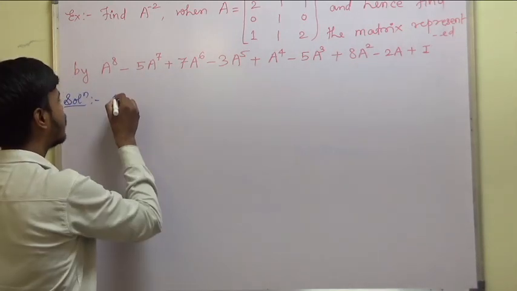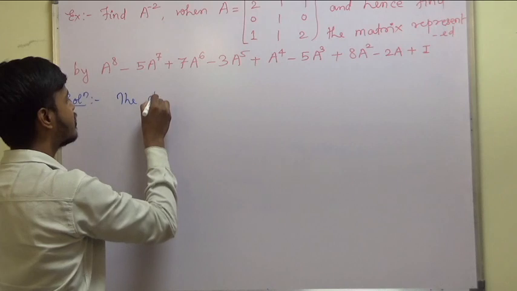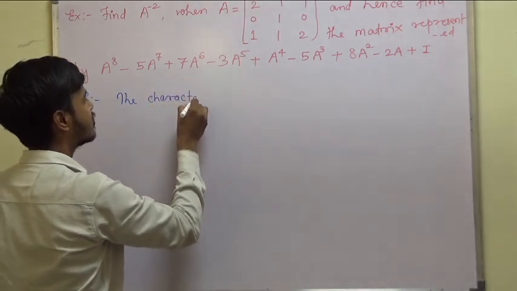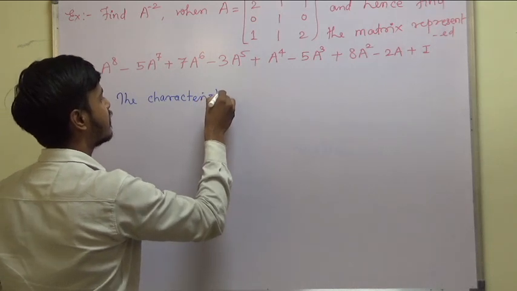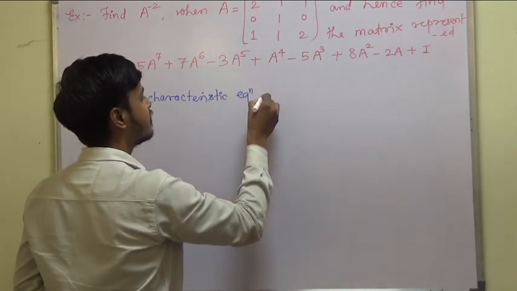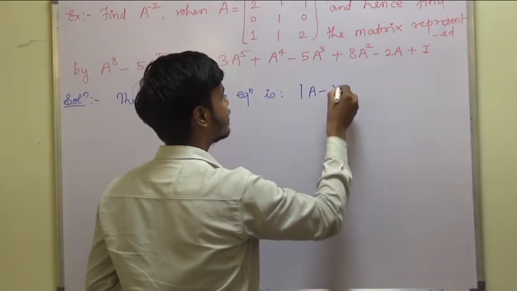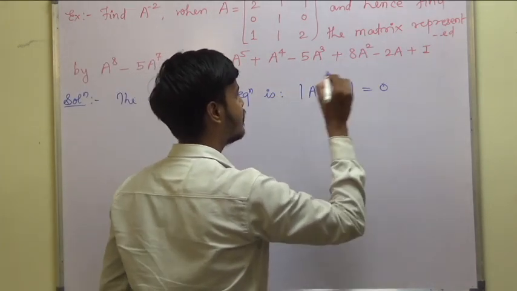Do you remember what the characteristic equation for the matrix A is? The characteristic equation is determinant of A minus lambda I is equal to 0.